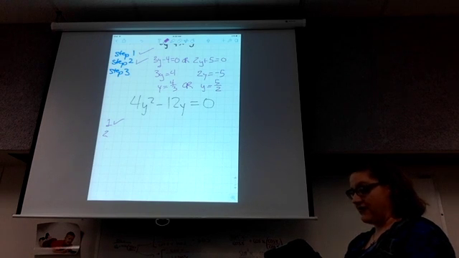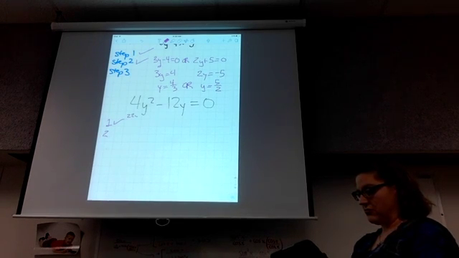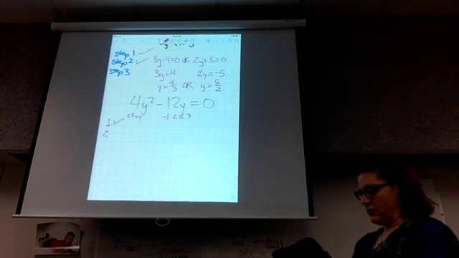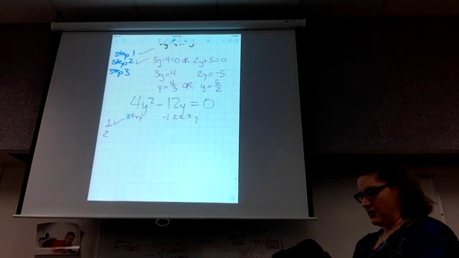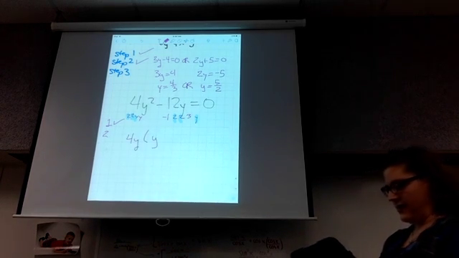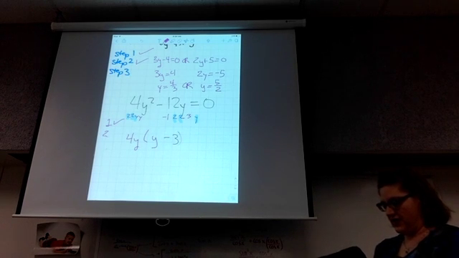I could do the prime factorization. So they both have 2, 2, and y, which leaves us with 4y times y minus 3 equals 0.